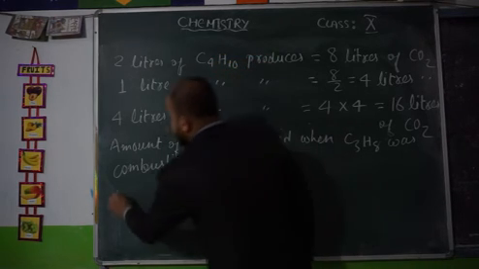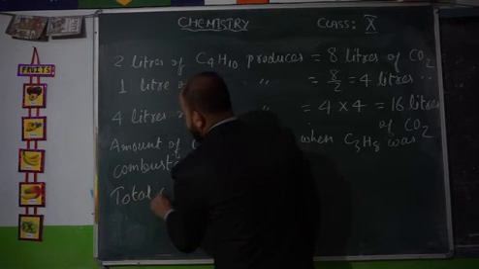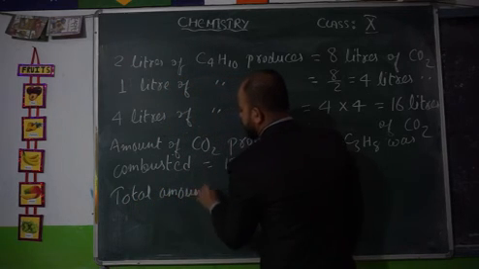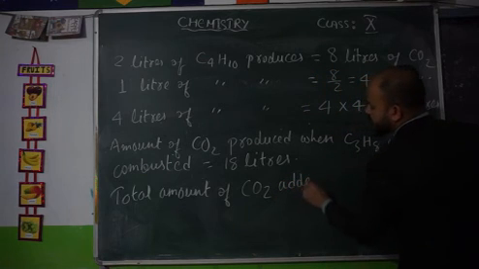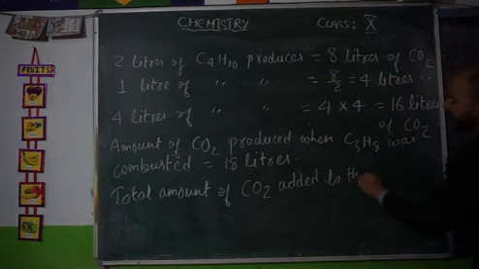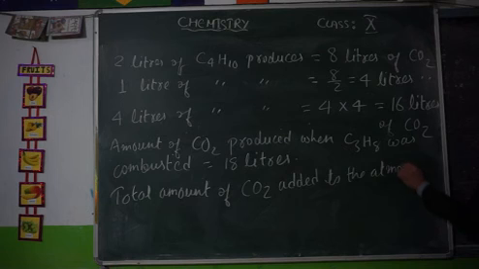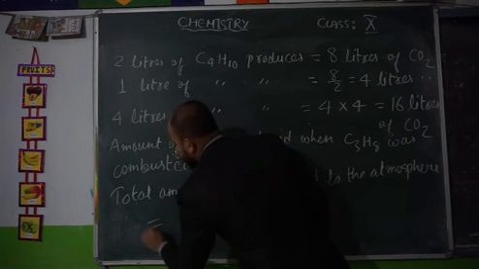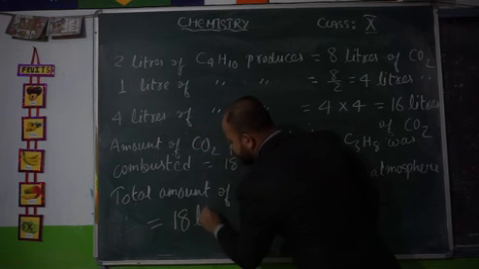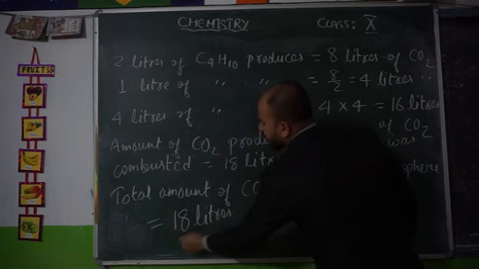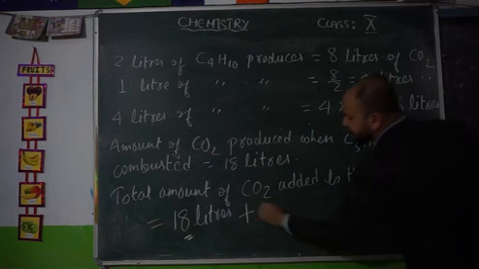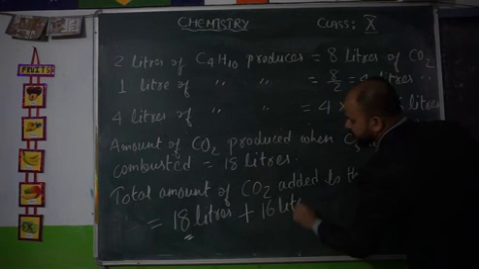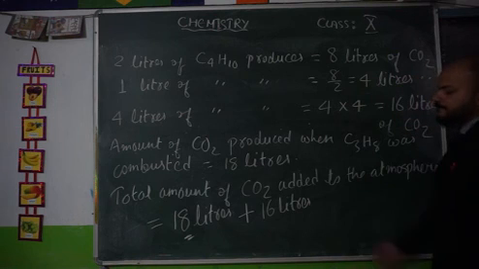So the total amount of carbon dioxide added to the atmosphere will be equal to 18 liters, which has come from propane, and 16 liters from butane.